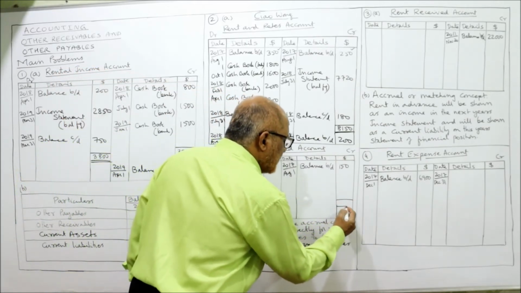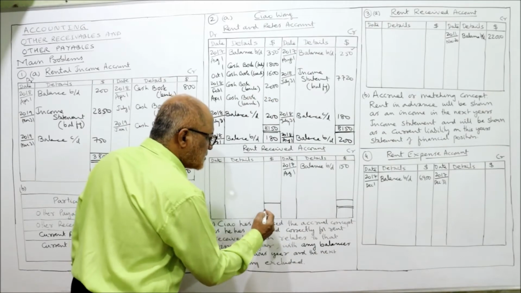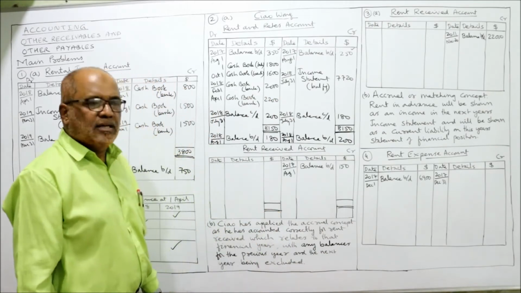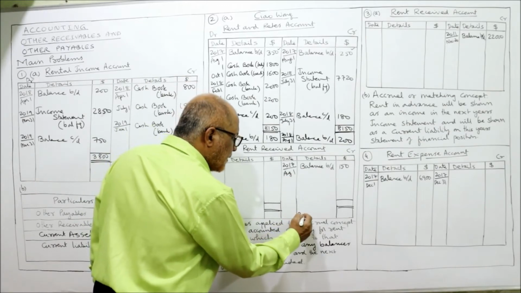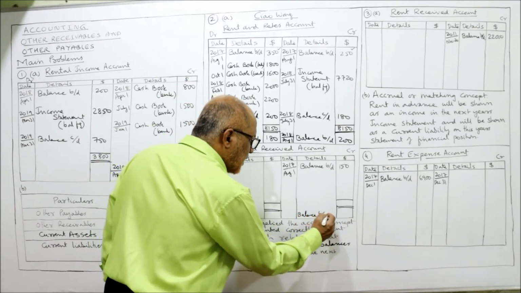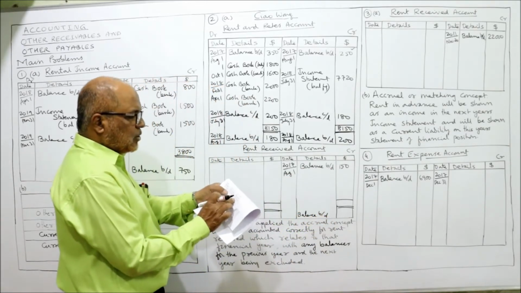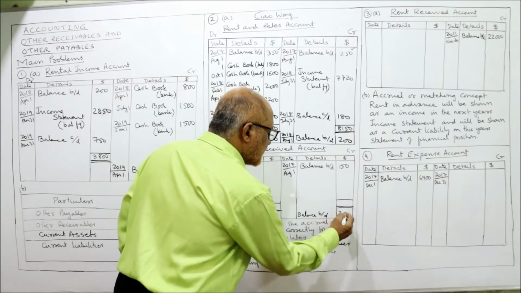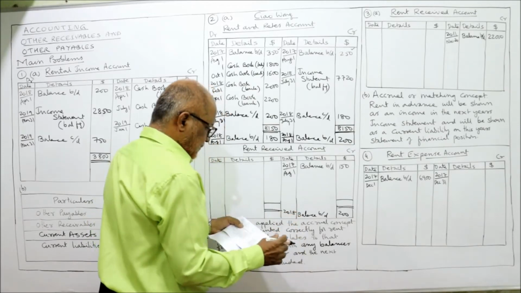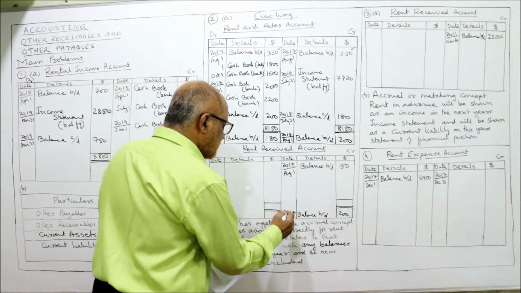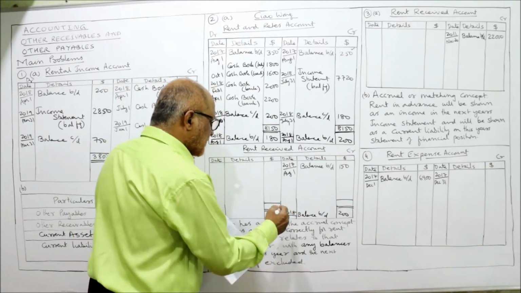So what I am doing is taking the closing balance. Right? So here also, beginning of the year 150, end of the year balance brought down. How much is end of the year? 200. So next year will begin from August 1st, after 31st July.